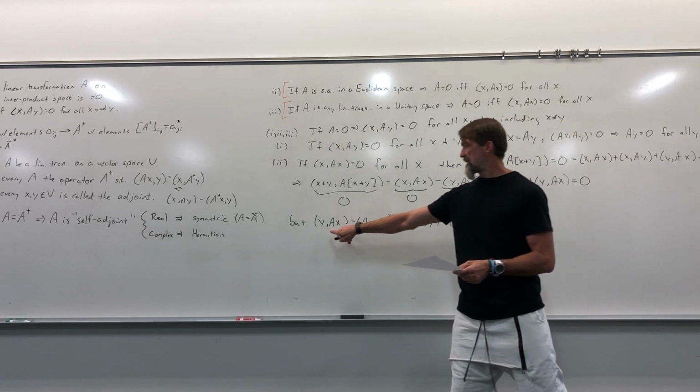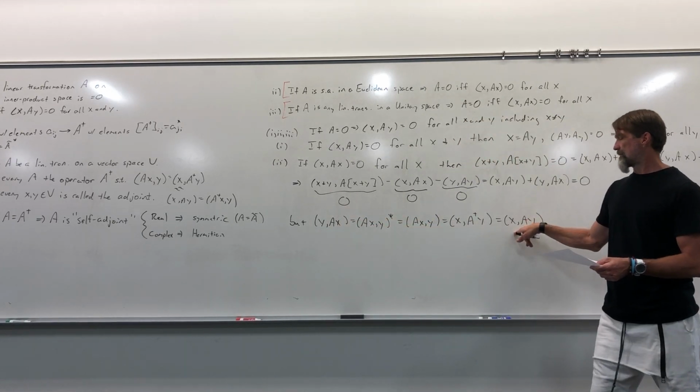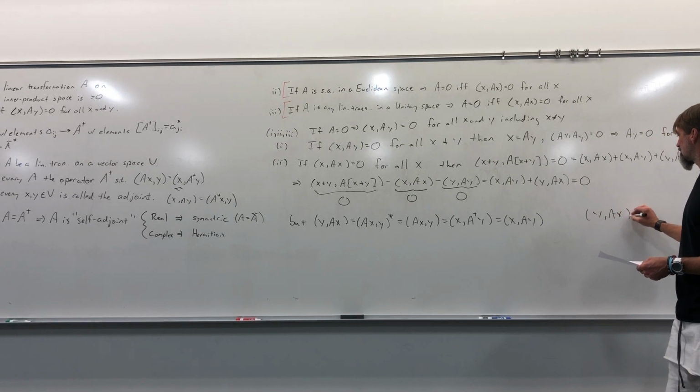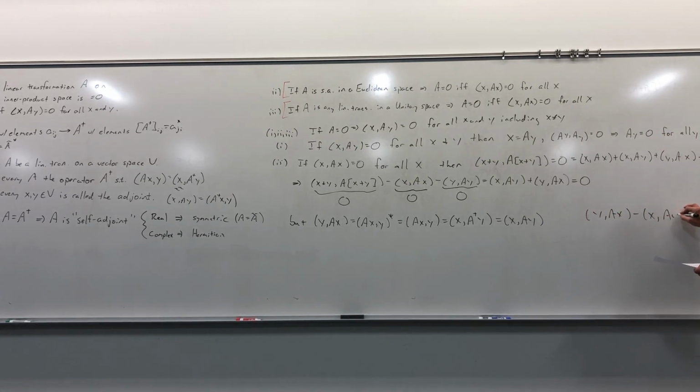So I have that this is equal to this, which I can write as yAx minus xAy equals 0.